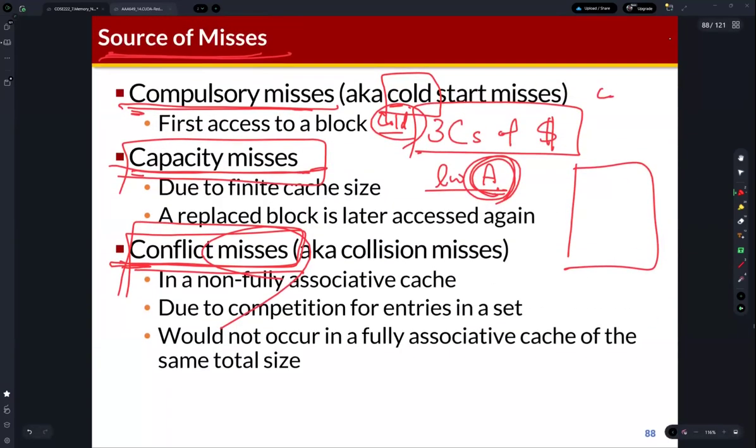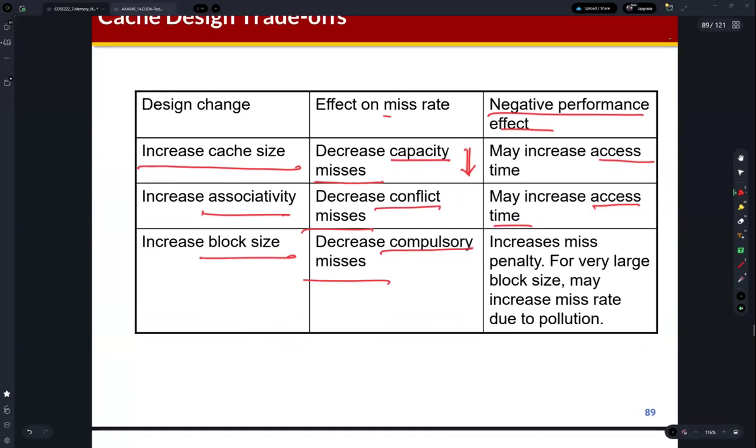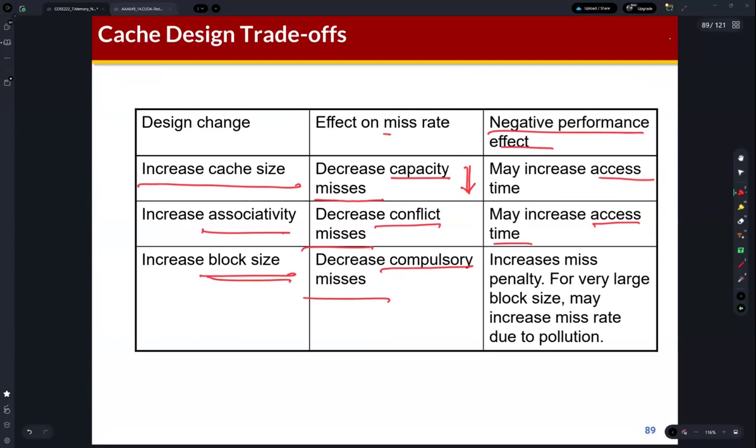I mentioned that if the data is first requested, this request always causes cold misses, right? But this table explains that if we increase the block size, we can reduce the cold misses or compulsory misses. Why?